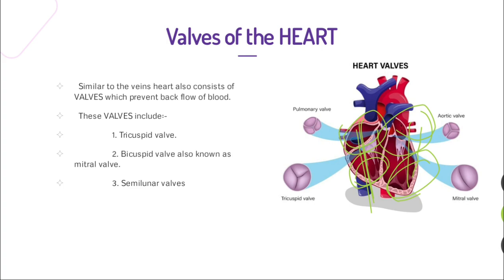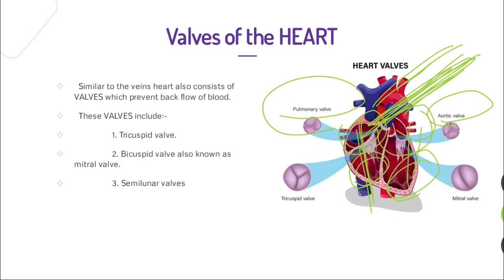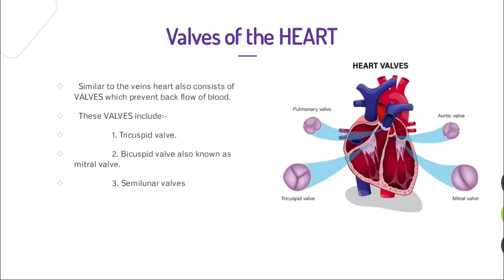And this is your aorta, this is your pulmonary artery. The valve in the aorta is your aortic valve, which is a type of semilunar valve, and the valve in your pulmonary artery is your pulmonary valve, which is again a type of semilunar valve. These are the four valves of the heart.